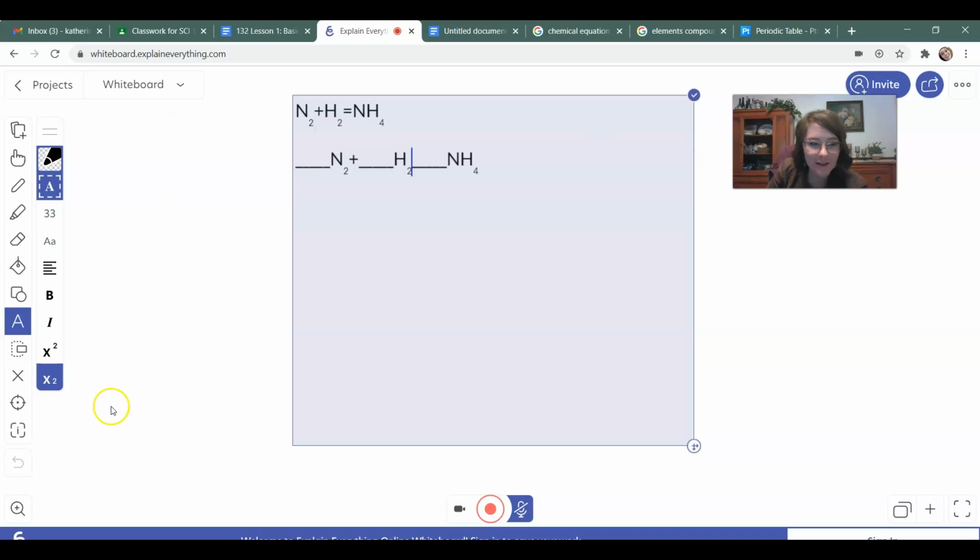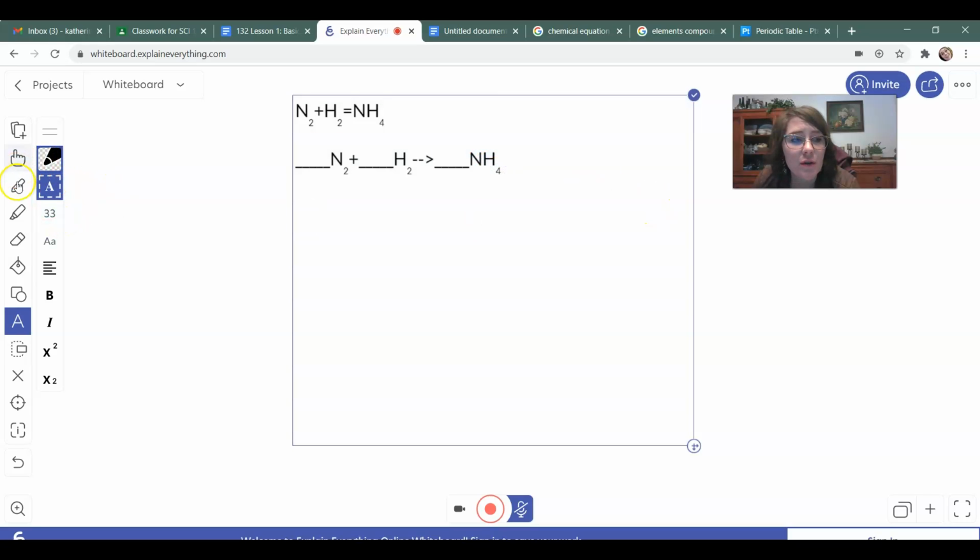This is how you do an arrow if you can't insert an arrow. So then I put my arrow right here and my NH4, and I can put a number here, but I can't change the little 4.